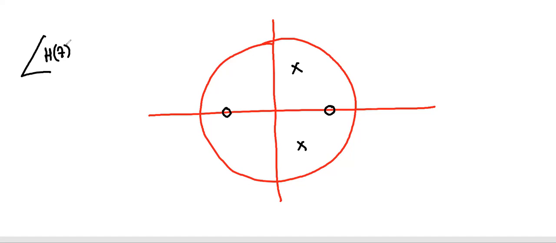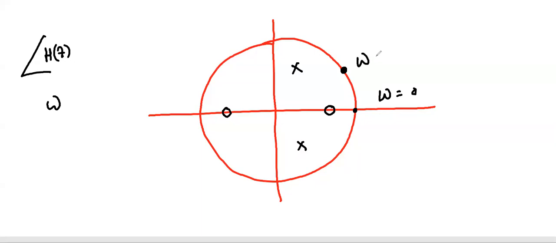We have the angle for a particular value of omega. At the location of omega equals 0, we are targeting this point. At this point, what is the theta value? In general, let me start with this point.